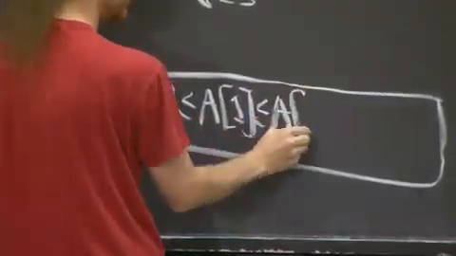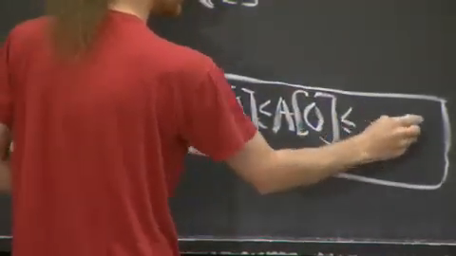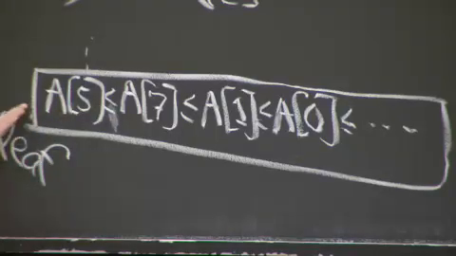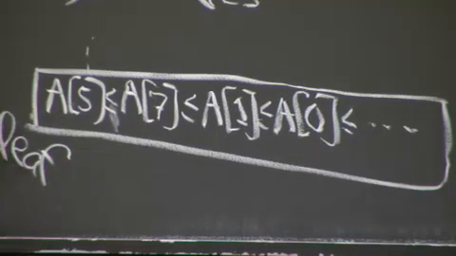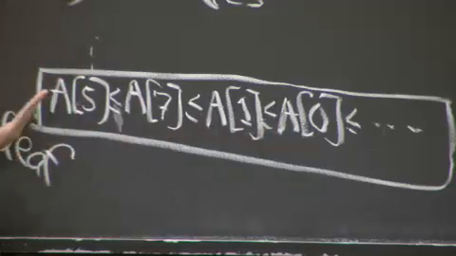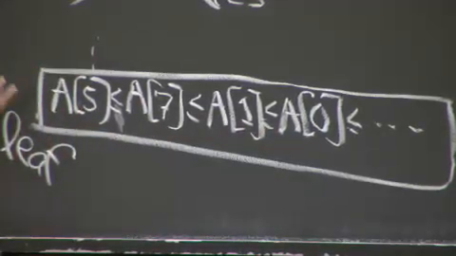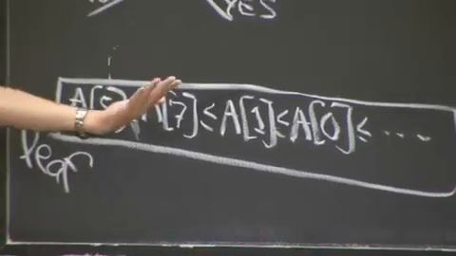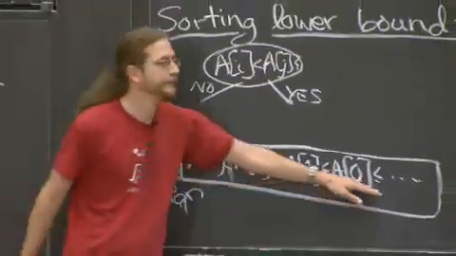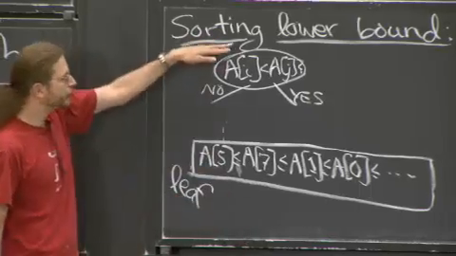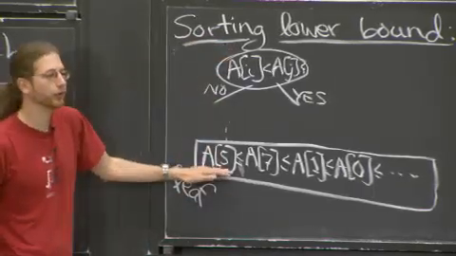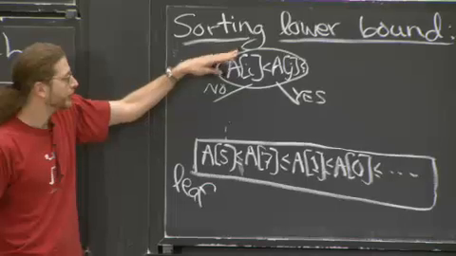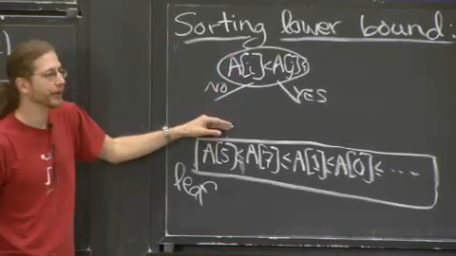Then A0, whatever. At the end, somehow you know the sorted order, and you can just write it down. We're not charging for this. We're only charging for comparisons. Maybe you've done swaps, but in the end, you know what the final order is, and so you just write it down. Your goal is to make enough comparisons that you figure out what the sorted order is. We claim the number of comparisons here has to be at least n log n.